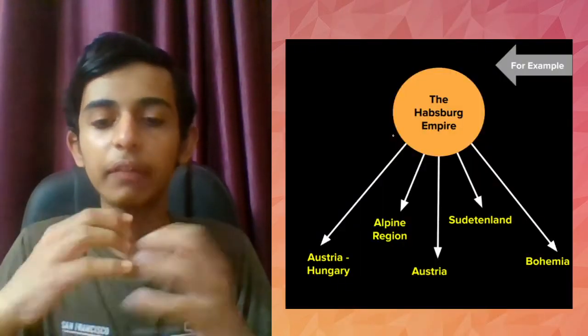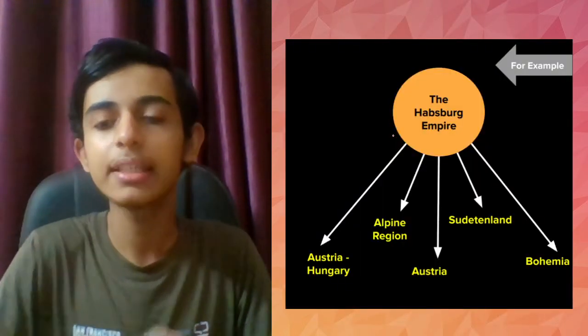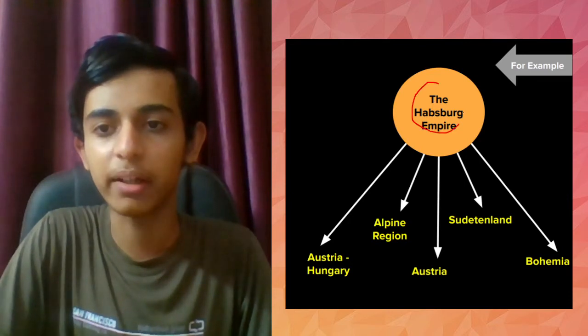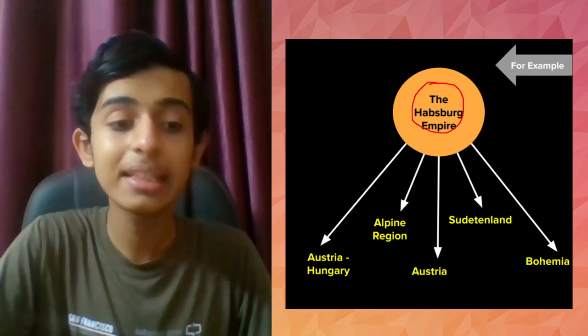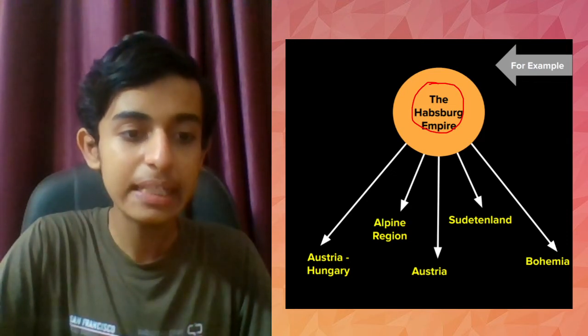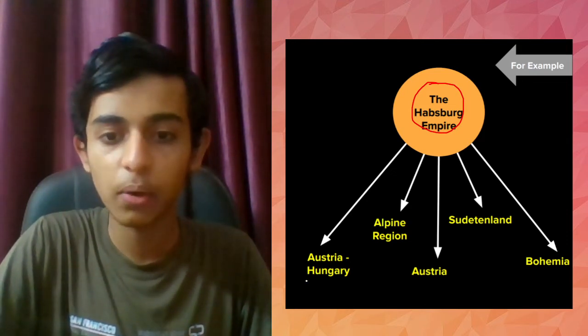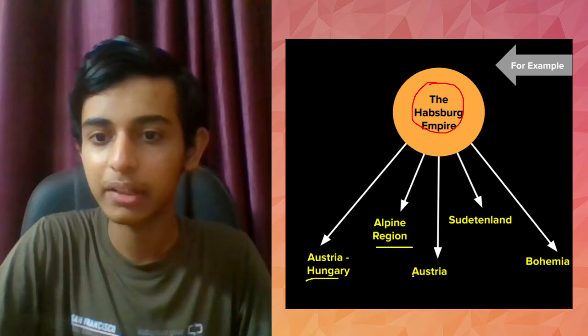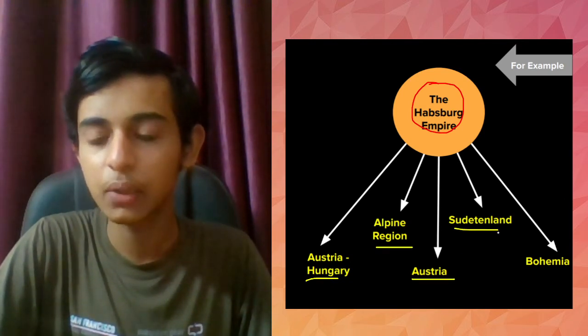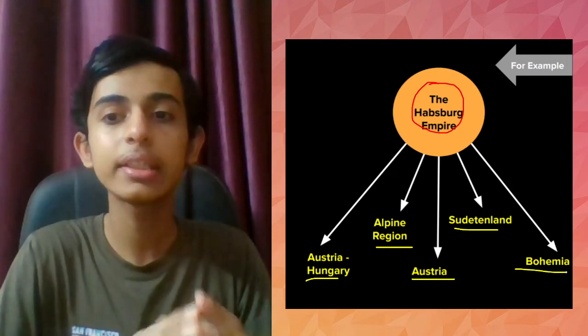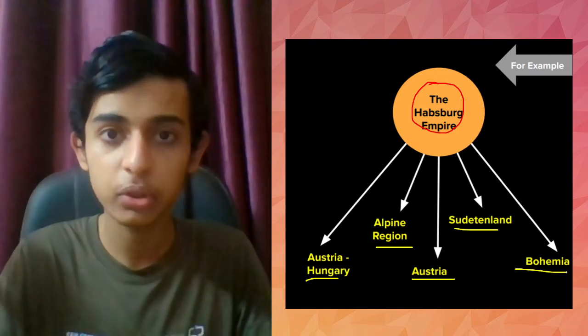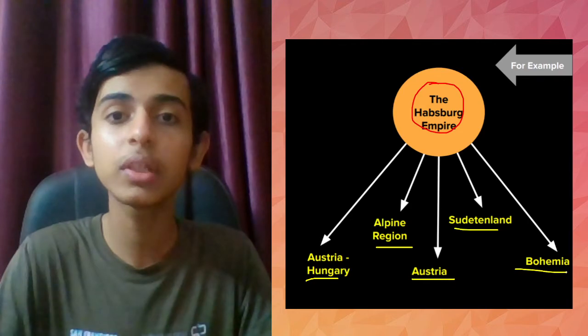Now in your NCERT, an example is given of the Habsburg Empire. In this empire, there were many regions like Austria-Hungary, the Alpine region, Austria, Sudetenland, and Bohemia. In all these regions, people spoke different languages and their culture was totally different.